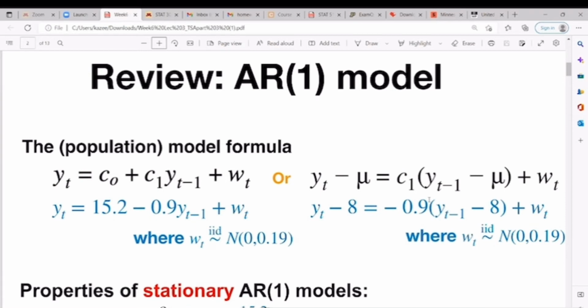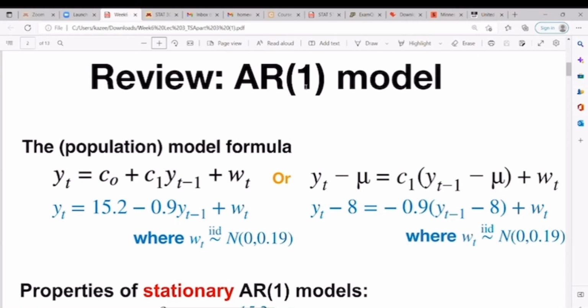That's what I mean. If the unit of time is daily, it could also be weekly, quarterly, or yearly. That is what we mean by AR1, our autoregressive model of order 1.